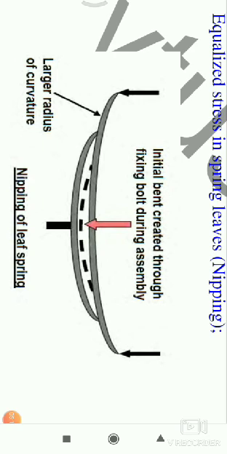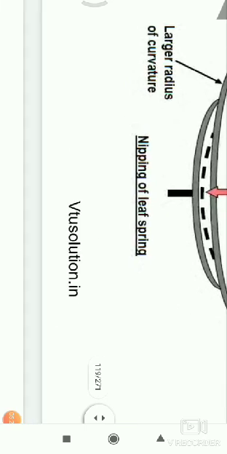Why is nipping required? To distribute the load almost uniformly in all the leaves. Stress in the full length leaves is 50% greater than the stress in the graduated leaves, as I just told you.